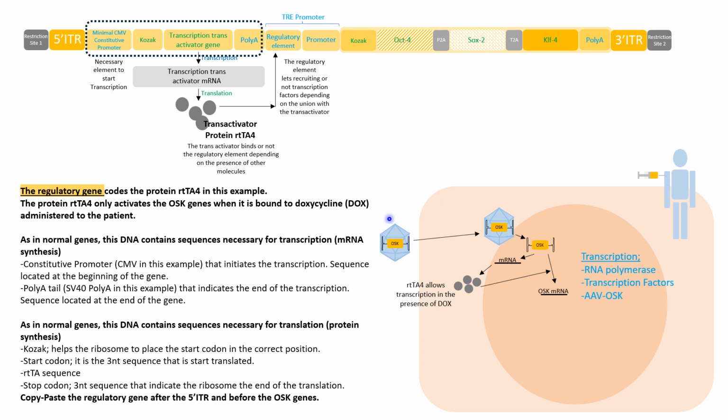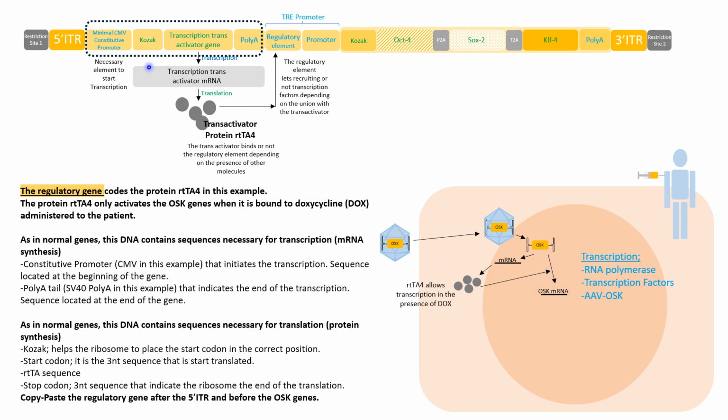As you can see here, you see the virus, right? The virus gets inside the nucleus, the capsid is dissolved, it releases the cargo, the genes, and here you have the first genes, the genes of the regulatory element. Afterwards, they are translated, produce a protein, and this protein controls the expression of the OS genes.